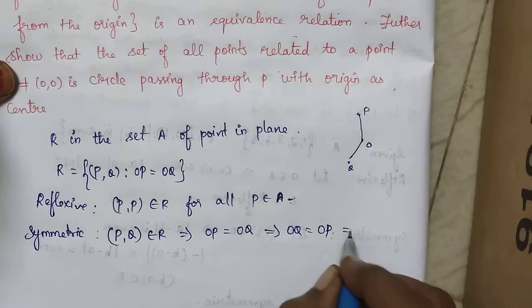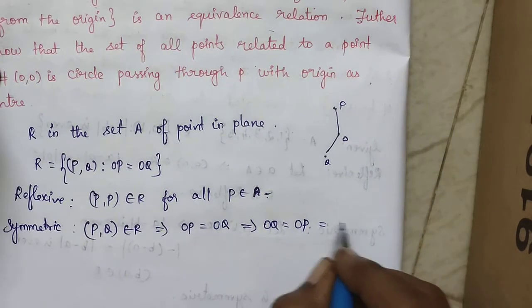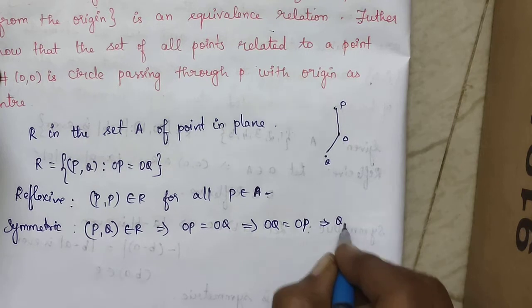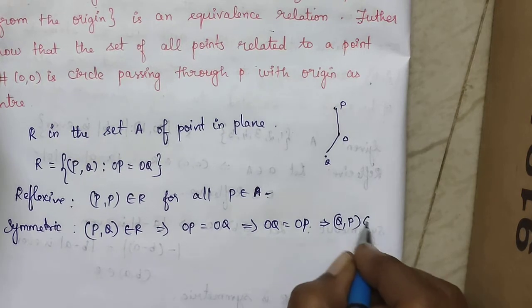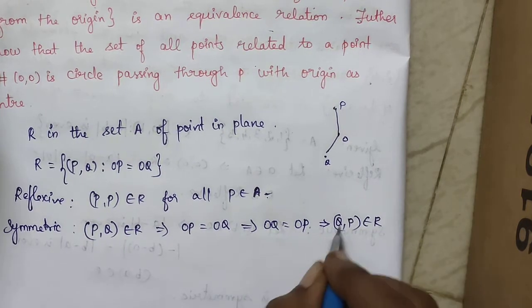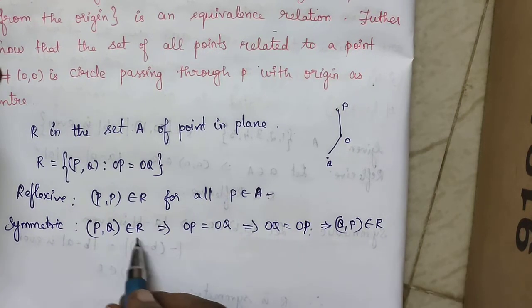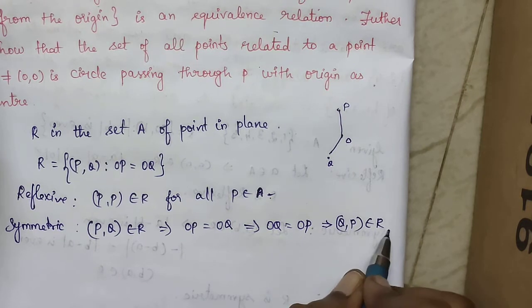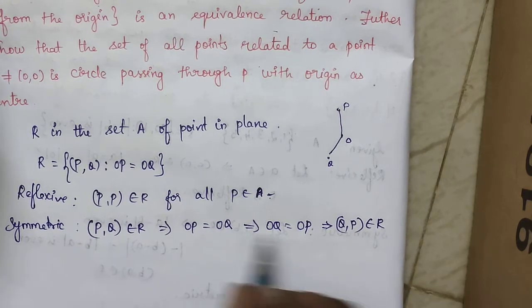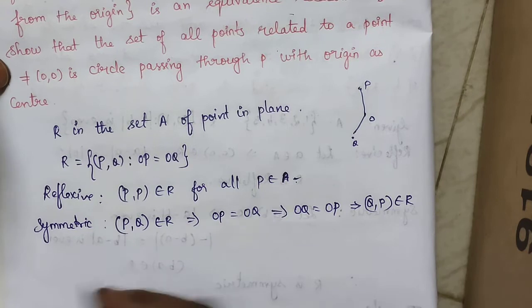This means (Q, P) belongs to R. If (P, Q) belongs to R, then (Q, P) belongs to R, therefore this relation is a symmetric relation.